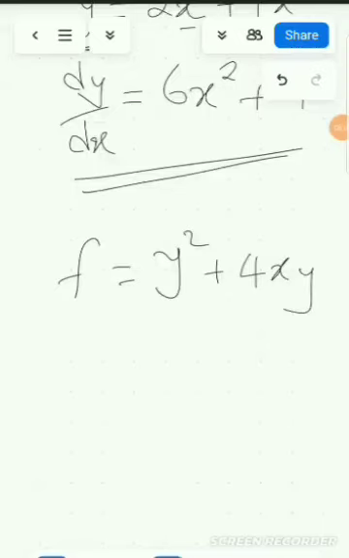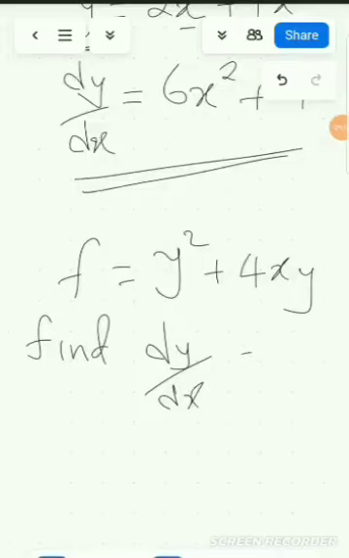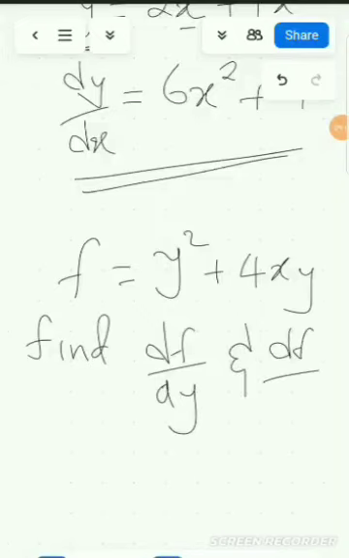Now you are told to find, sorry, we are told to find df over dy and df over dx, like that. How do we go about this?